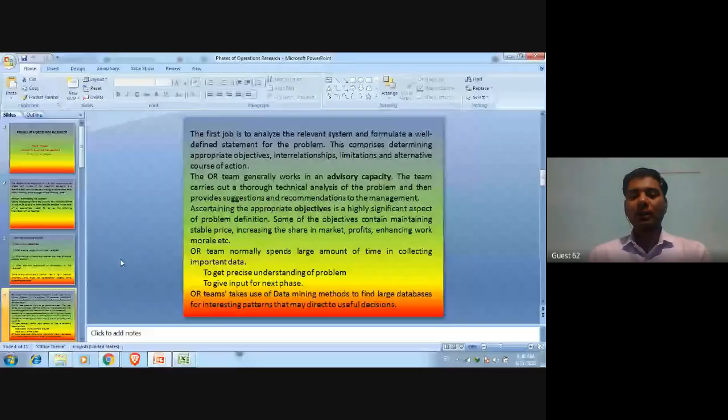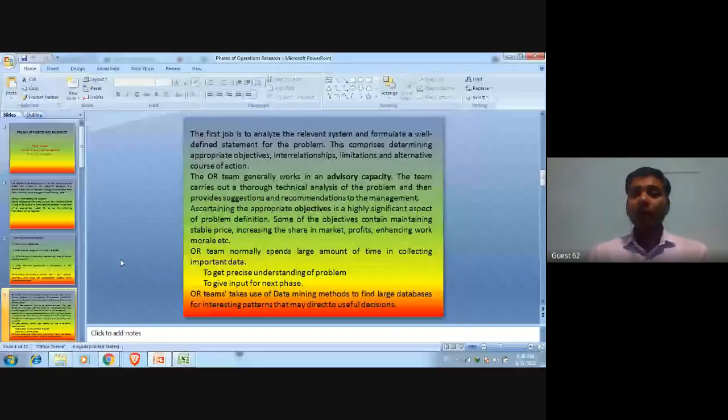Okay? Set your objective according to the conditions, because these objectives are highly significant in your organization.